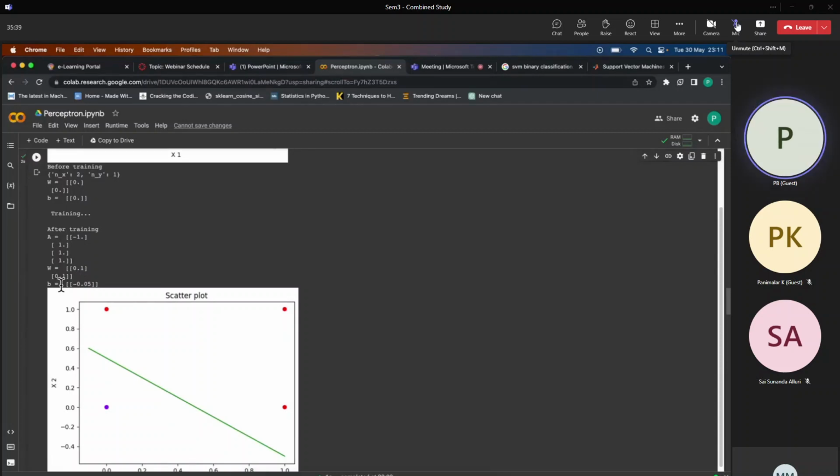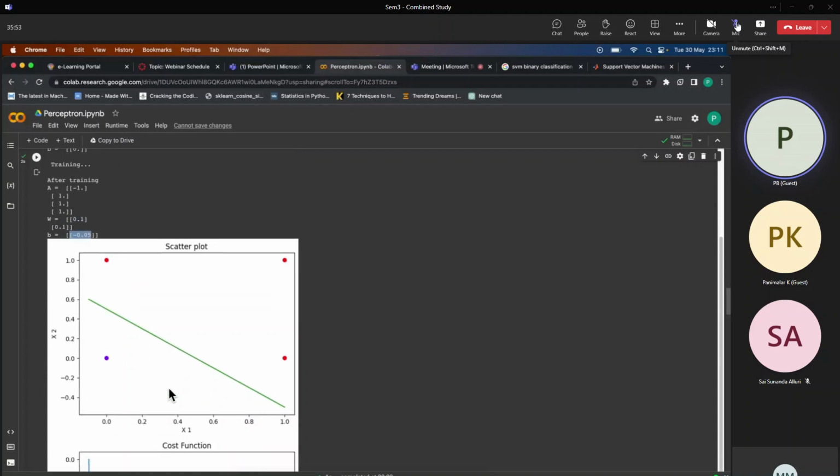Sorry, I don't really understand this, but we will have to look through the initial code to find this out. Maybe this is the W0 and this is the W1. Okay, and the bias is minus 0.05, which you can actually see, the slope is negative. As I said, if this slope was like this, it would be plus 0.05 maybe.